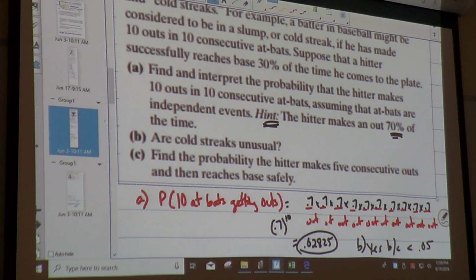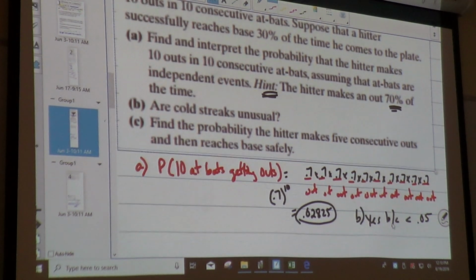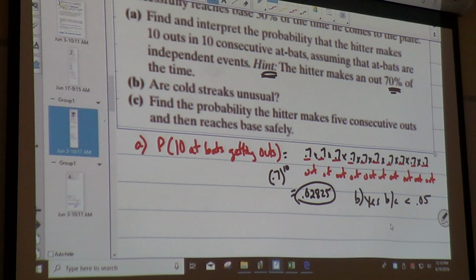Find the probability that the hitter makes 5 consecutive outs, then goes to first base. Now, for me, sometimes I have to draw that little picture. So, probability of 5 outs, then he goes to first base.